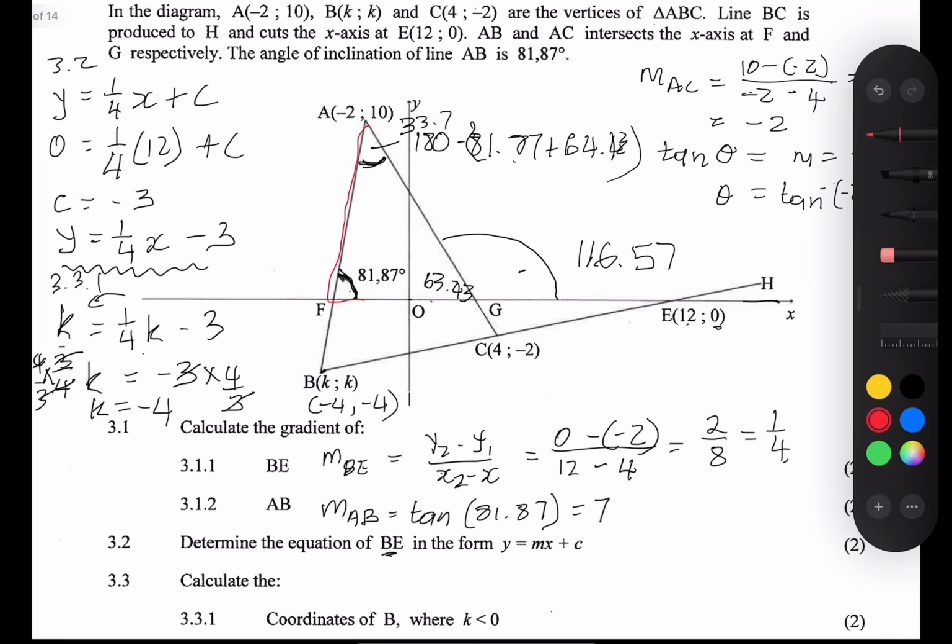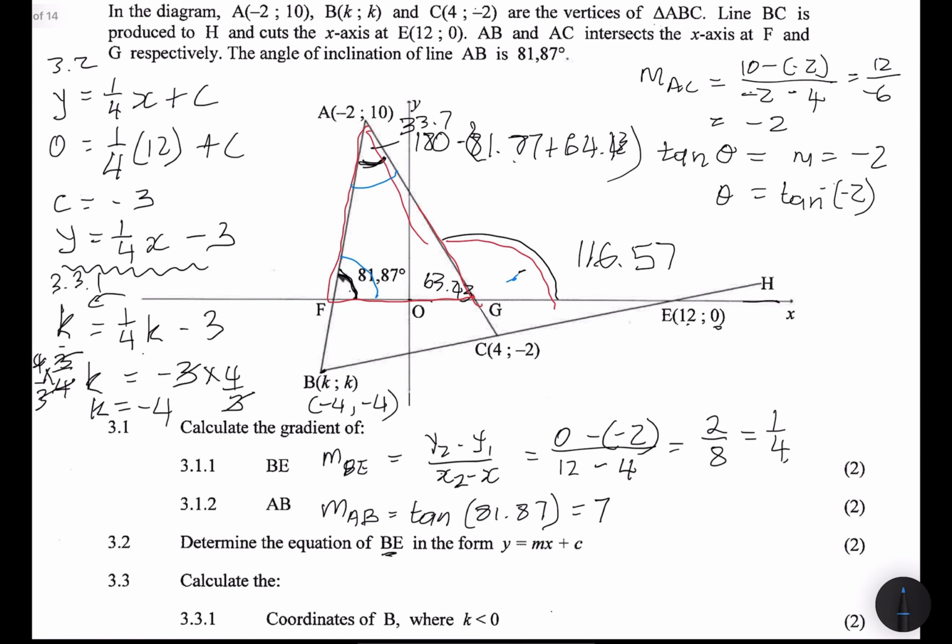I can take this triangle here, which is triangle AFG. In this case, you can use that as an exterior angle. Remember, the exterior angle of a triangle is equal to the sum of the opposite interior angles. So this angle plus that angle gives us that exterior angle there. In that case, you can find angle A that way.